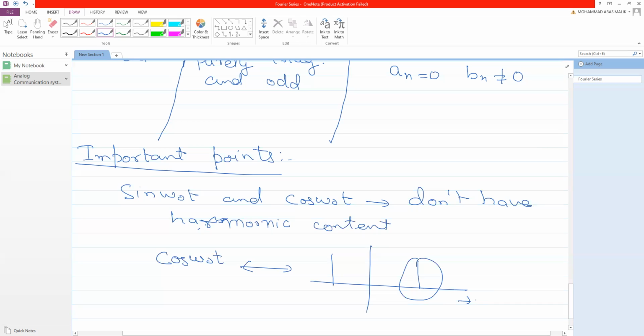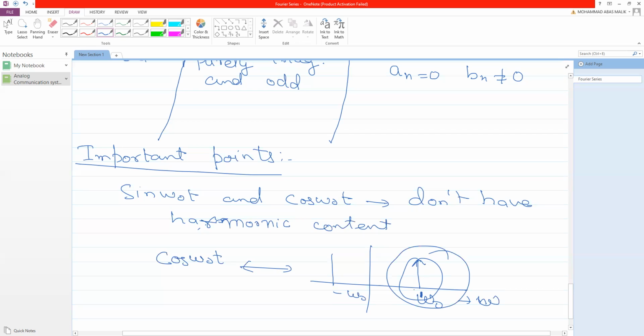In terms of omega, this will be present at omega naught, and this at minus omega naught. So it has peaks at only one point, omega naught. That means cos omega naught t contains a single frequency.